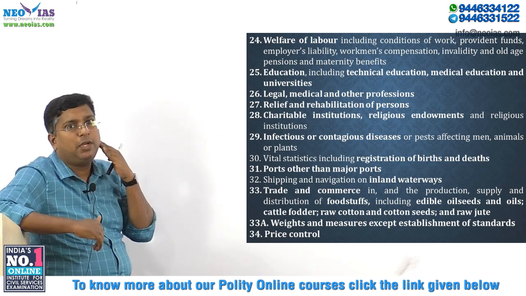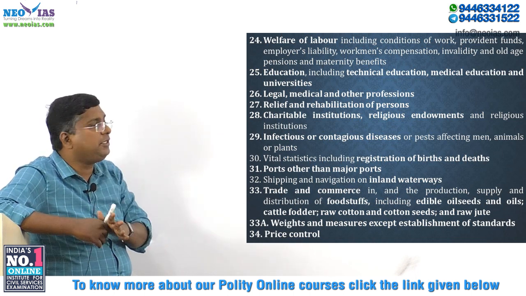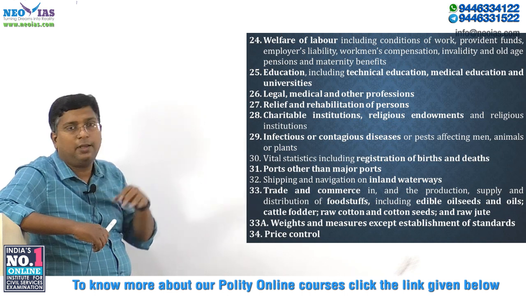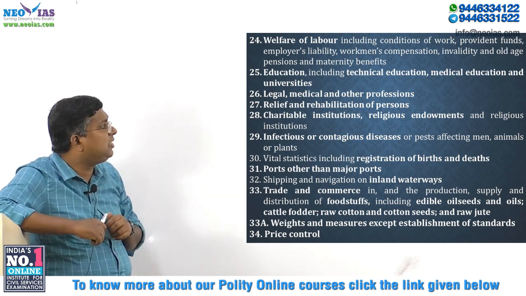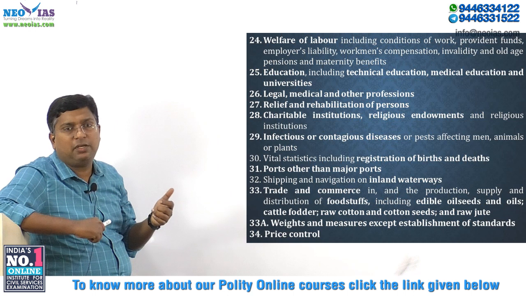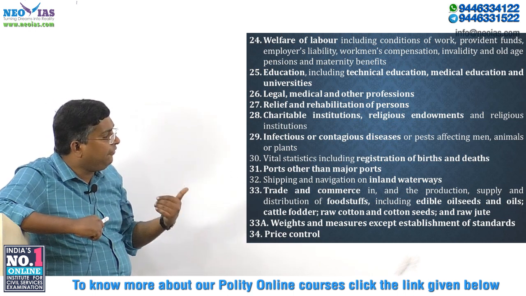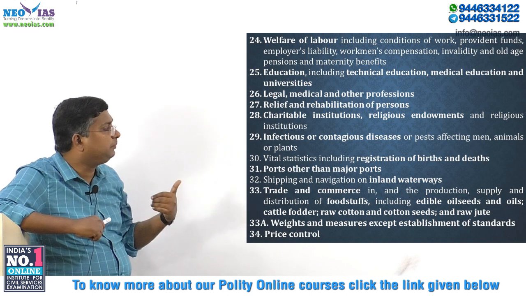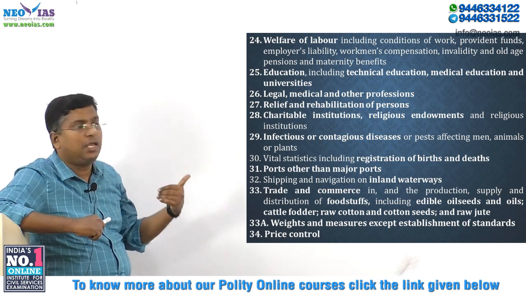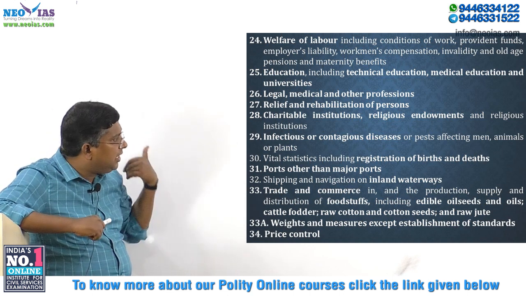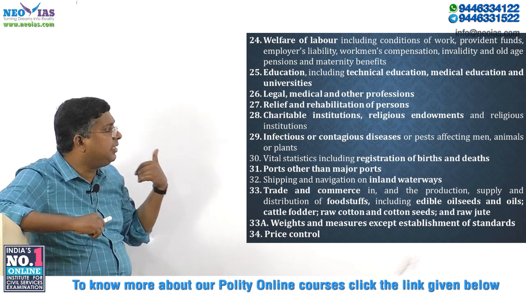Education, I told you. Education including technical education, medical education, university comes under the concurrent list. Legal profession, legal, medical and other professions comes under the concurrent list. Relief and rehabilitation of persons, charitable institutions, religious endowments, religious institutions comes under the concurrent list.